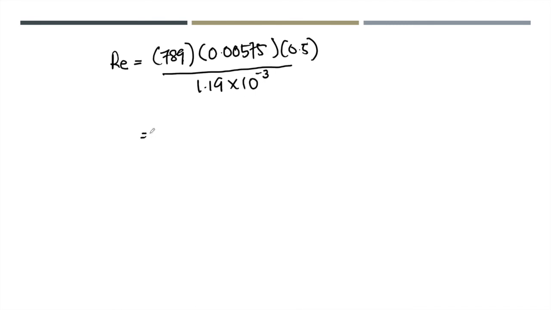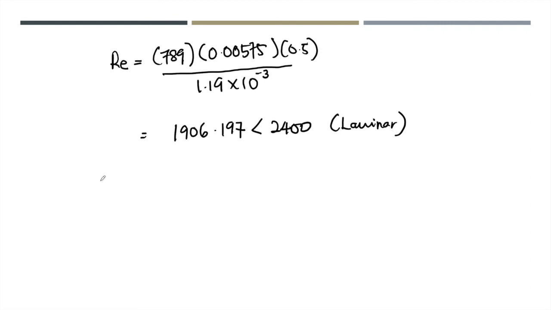After that, we will get the Reynolds number for this question as 1906.197, which is less than 2400. And then this flow is laminar. So now we know that this flow is laminar and a straight pipe.